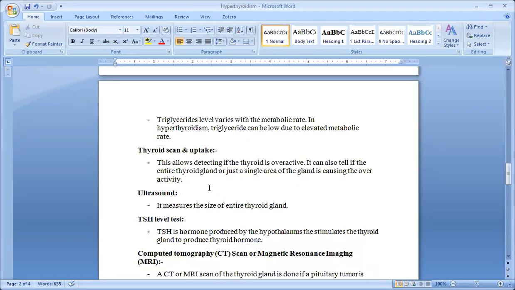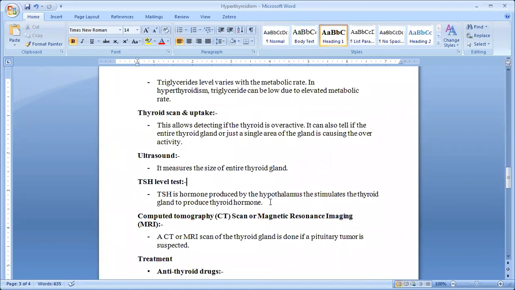Okay, ultrasound. In this test we will measure the size of the entire thyroid gland.